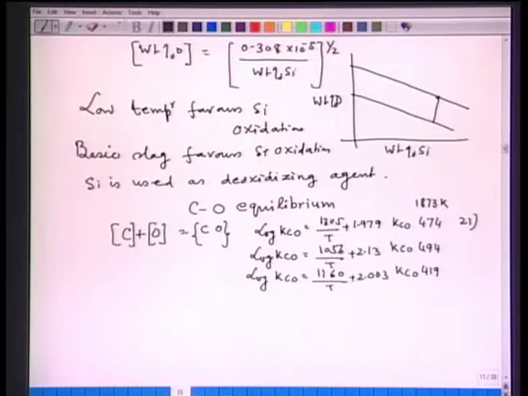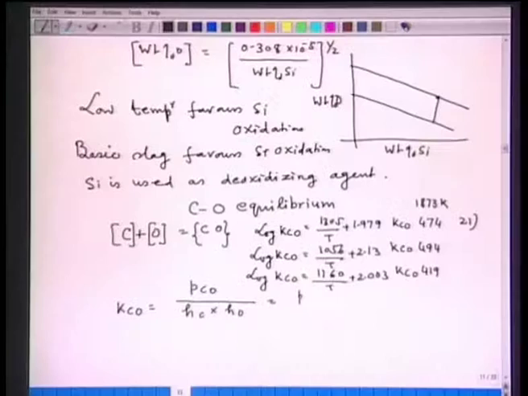Now, to understand the carbon oxygen equilibrium, let us write down the value of K. So, KCO will be equal to PCO upon HC into HO. Now, recall that the solute elements in liquid steel obey Henry's law.